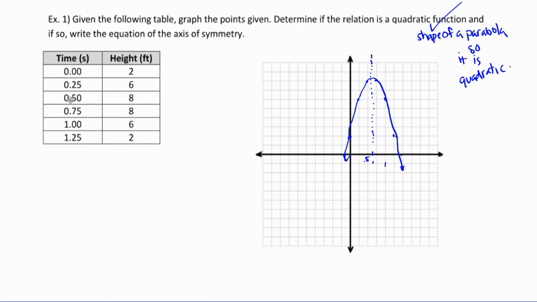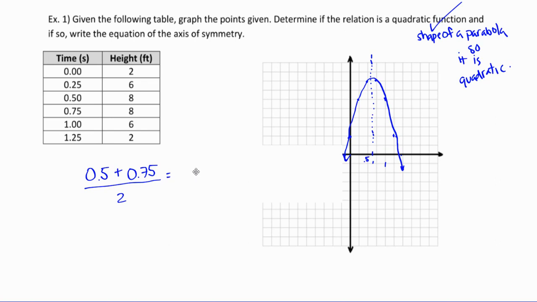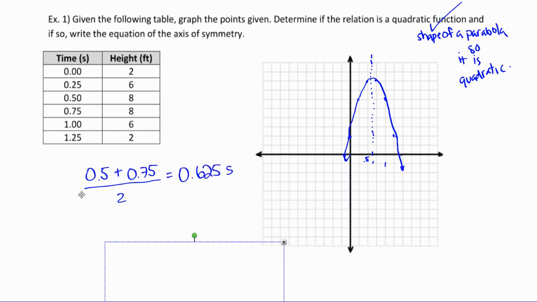So let's do the 0.5 and 0.75. It honestly doesn't matter. You can do any of the other ones. You'll get the same answer. But I'm going to use this 0.5 and this 0.75, and find out what's right in the middle of them. So I take 0.5, add 0.75 to it. I get 1.25, divide that by 2, and I get 0.625.